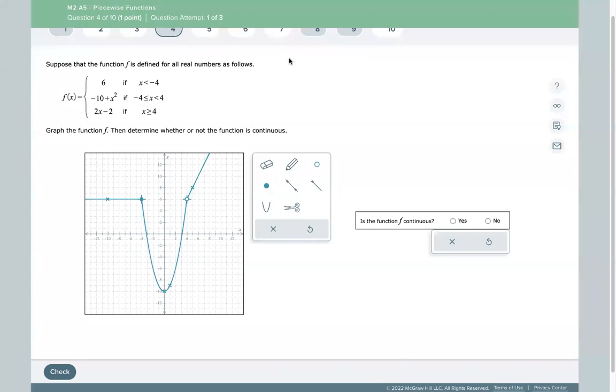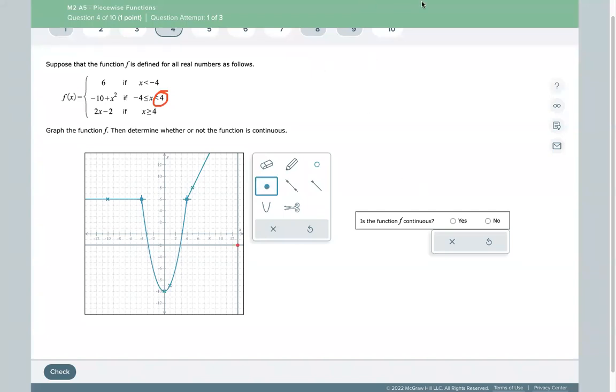Now, once again, the parabola ends at 4 with a hollow dot, an open circle. But because the line ends at 4 with a solid dot, the solid dot will win. And we will end up with a graph that looks like this.